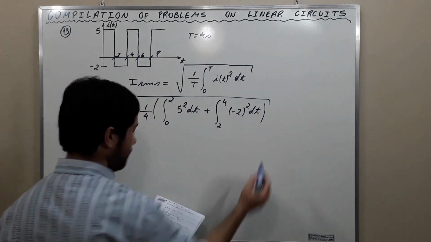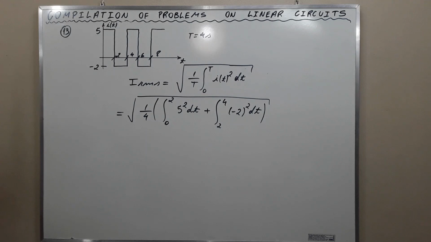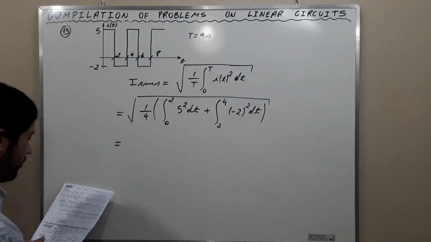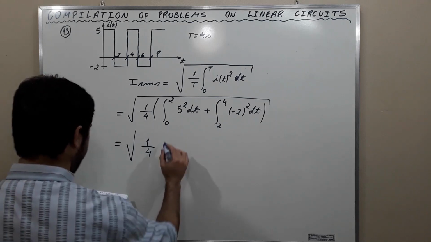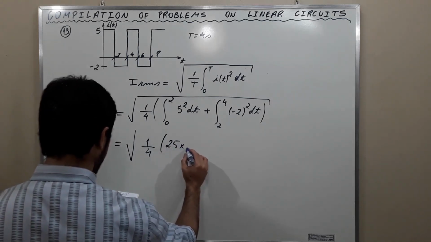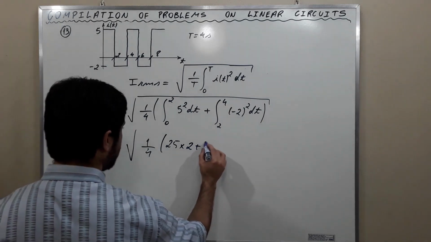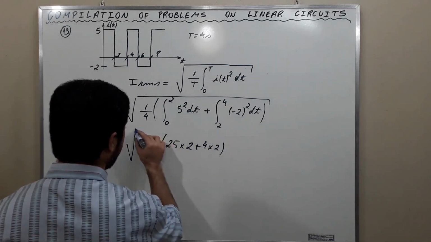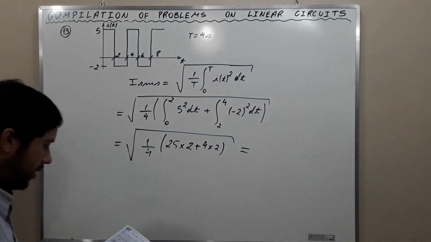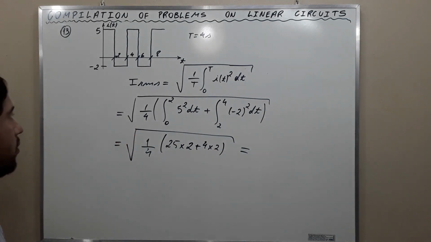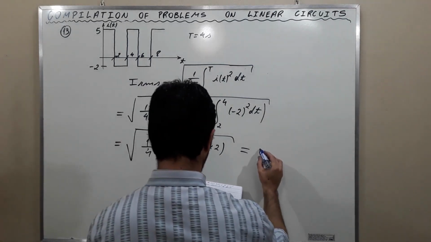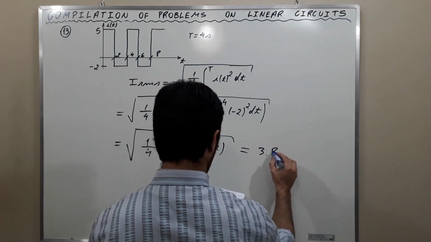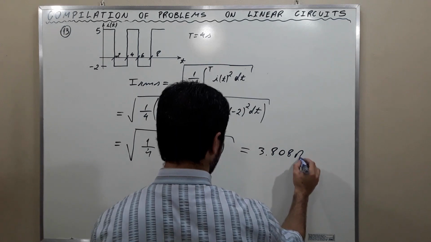Okay? And it can be further reduced to the square root of a fourth of (25 times 2 plus 4 times 2), and ultimately we find that the value of the RMS current is equal to 3.808 amps.